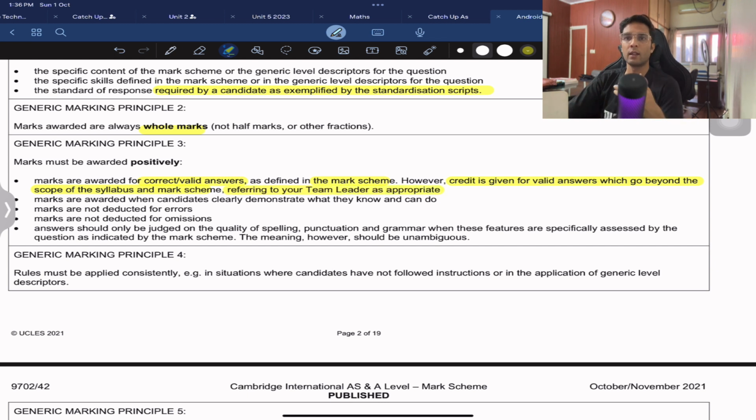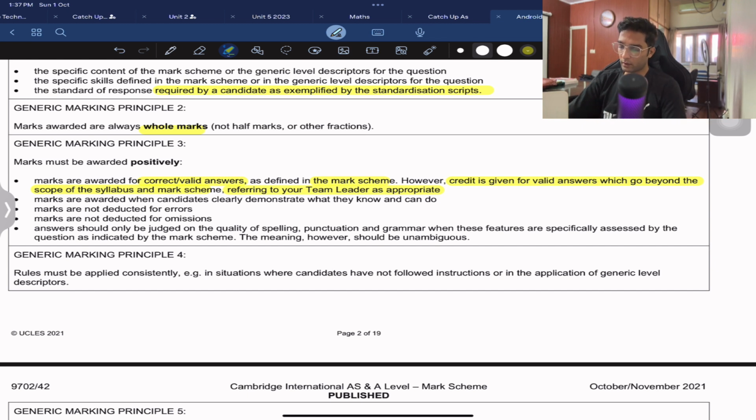So they're talking to their own examiners. If somebody has written a very good answer that's beyond even the syllabus, but that's logically correct, they refer it to maybe a renowned physics teacher, and obviously they will give you marks, and that's how distinctions are given out.